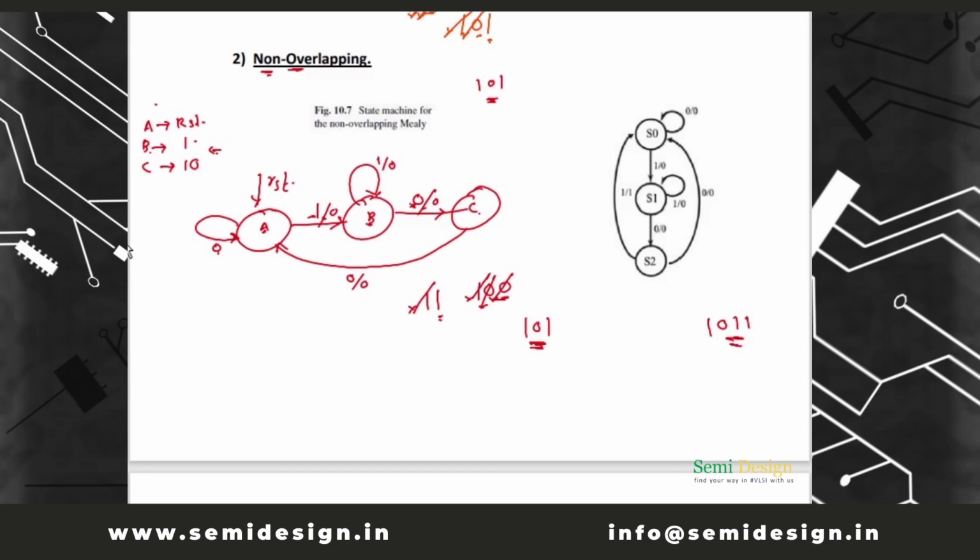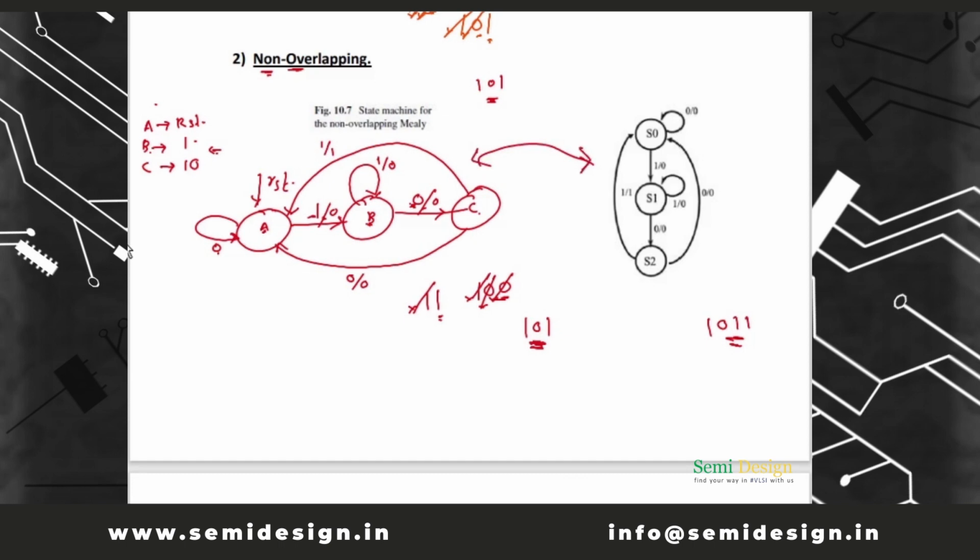Now here 101 is the final sequence, 101 is detected, it will go to its reset state, and when 101 sequence is detected, output will be 1. So this is very simple. You can compare this with this diagram, same.